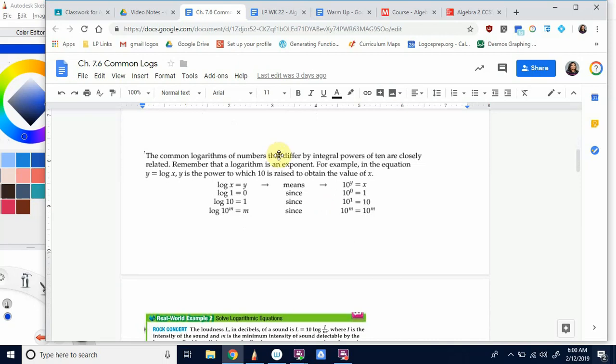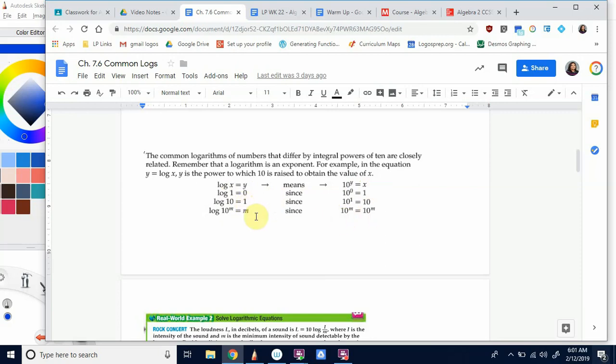Now, if you notice the common logarithm numbers, they differ by an integral, which means integer, power of 10, and are closely related. So remember, a logarithm can be an exponent. For the equation y equals log base 10 of x, y is the power to which 10 is raised to obtain the value of x when you change it to an exponent. So log base 10 of x equals y means 10 to the y equals x.